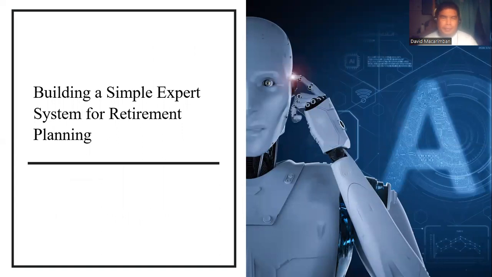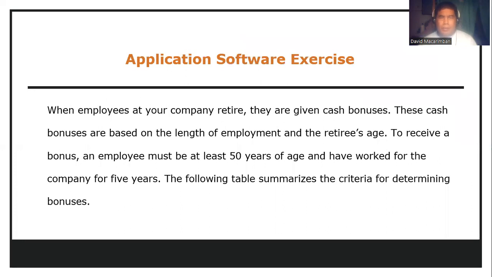Another is building a simple expert system for retirement planning. Here, application of software exercise as discussed in the above slides. So, when employees at your company retire, they are given cash bonuses. So, ito may applications na siya. These cash bonuses are based on the length of employment and the retiree's age.